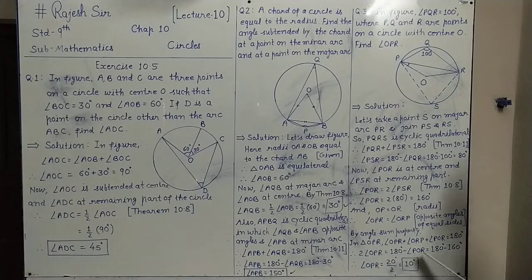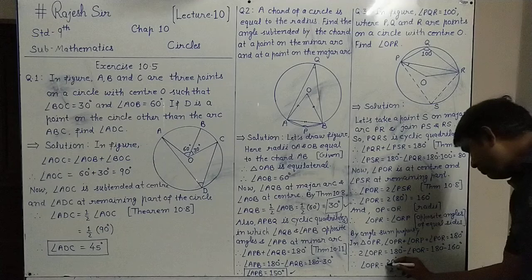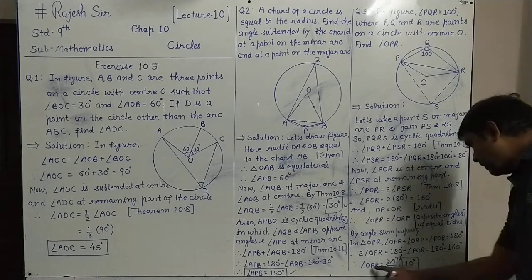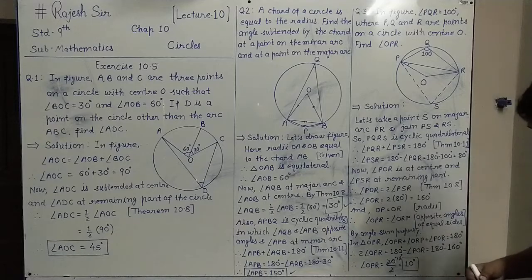Now place the value: 180 minus angle POR, which we have obtained as 160 degrees, so 180 minus 160 is 20 degrees, and the 2 is taken down, so 20 upon 2 will give 10. So angle OPR is 10 degrees, that we found.